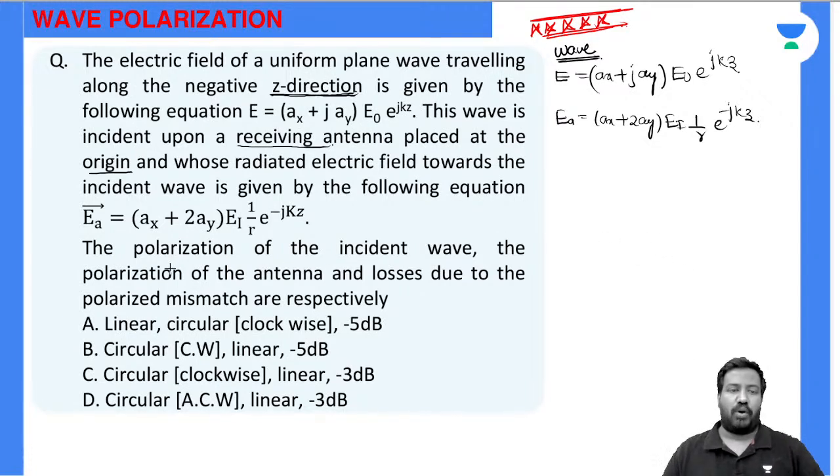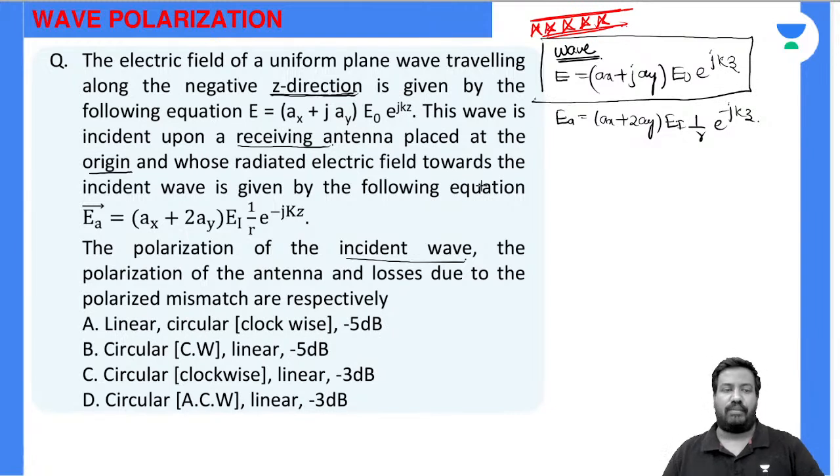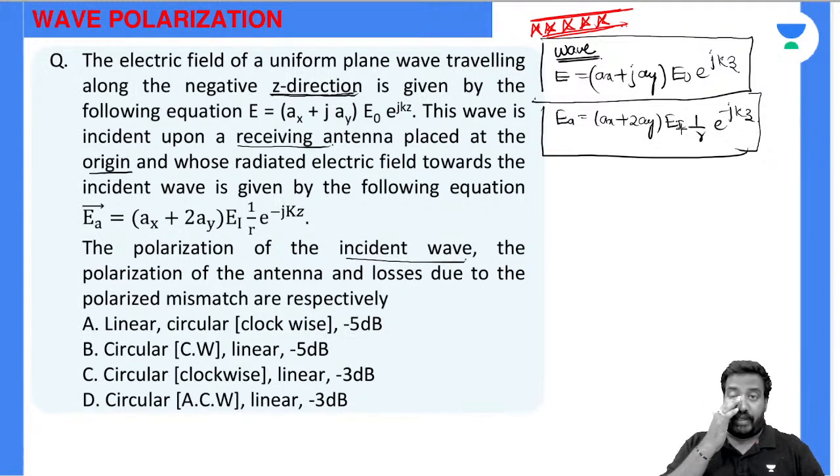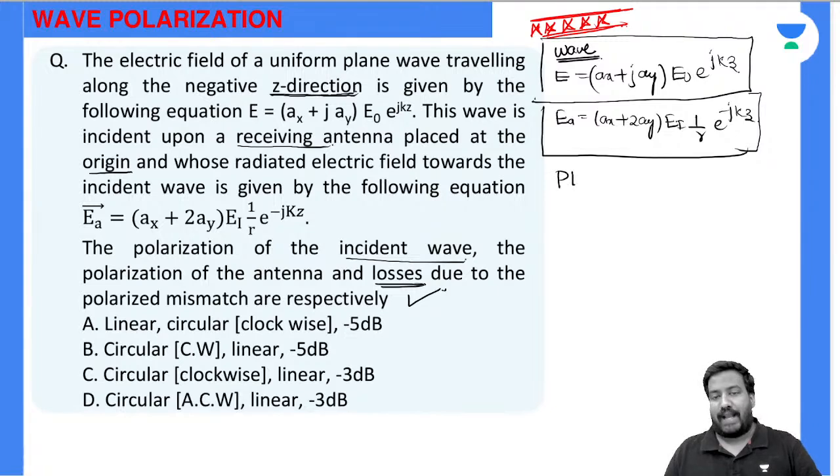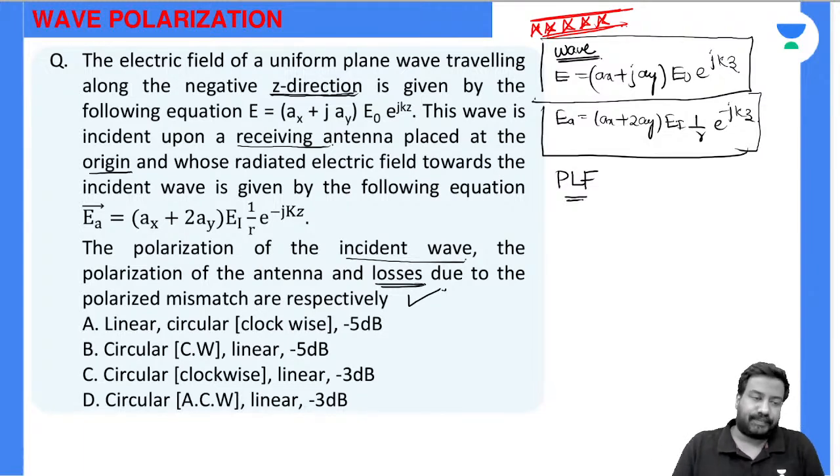Now, the polarization of the incident wave. Just see this and tell me the polarization. The polarization of the incident wave, the polarization of the antenna. If they don't have the same polarization, there will be losses. Losses due to polarization mismatch are calculated by the polarization loss factor.